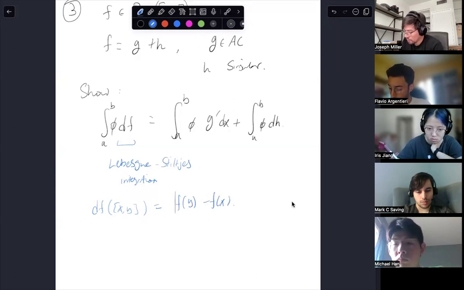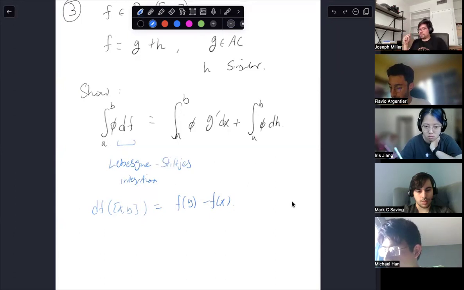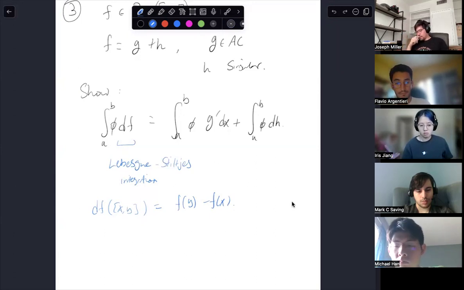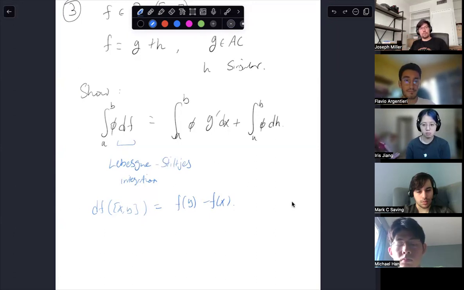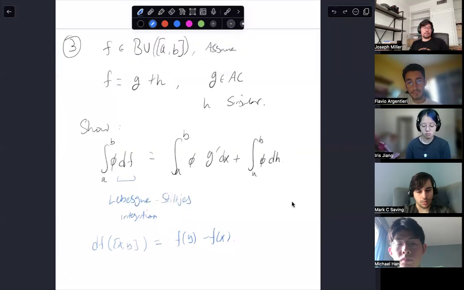This measure could be positive or negative, so f is not said to be increasing or anything.